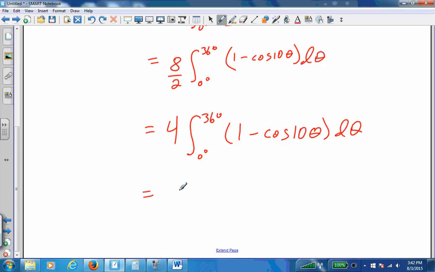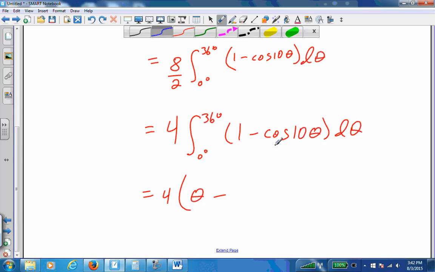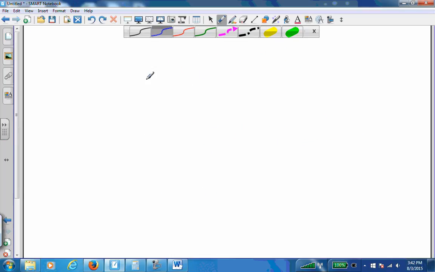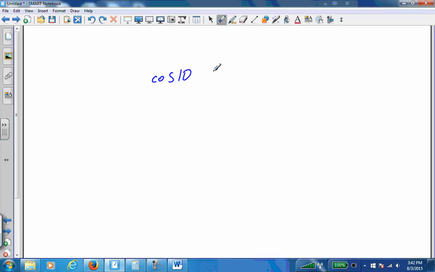Now when we integrate 1, we just pick up a theta. If we integrate cosine 10 theta, what would u be? u would be 10 theta.